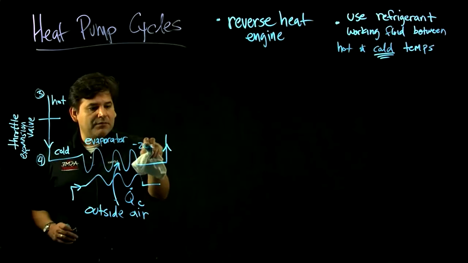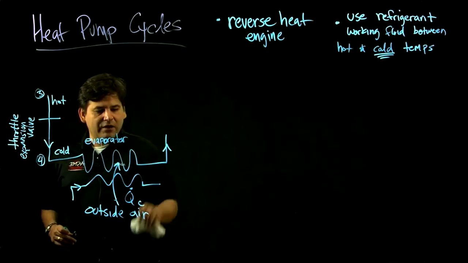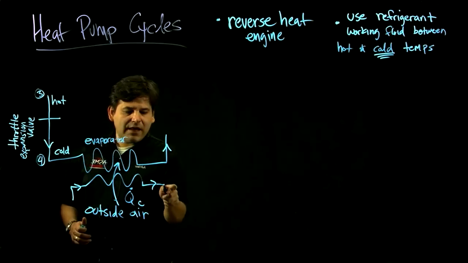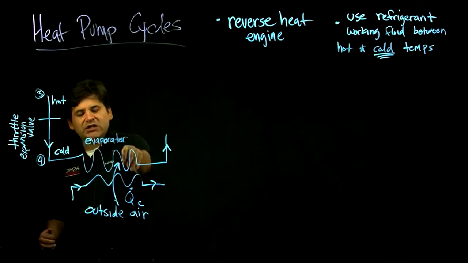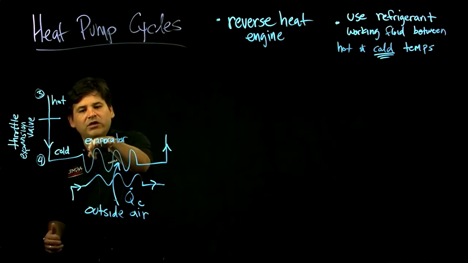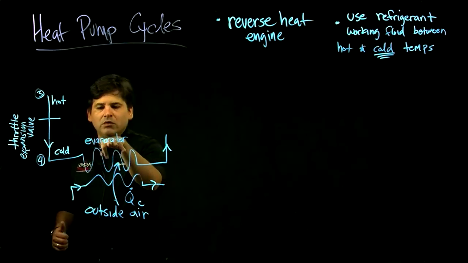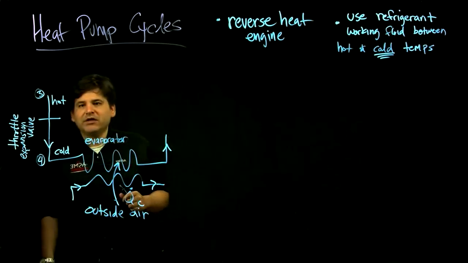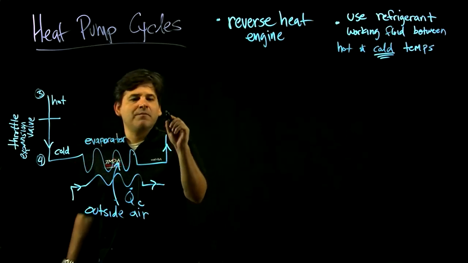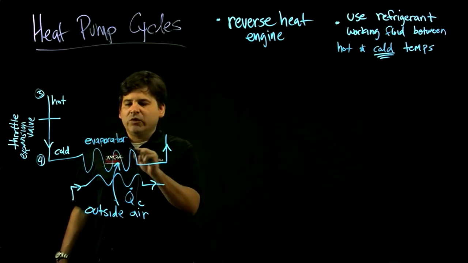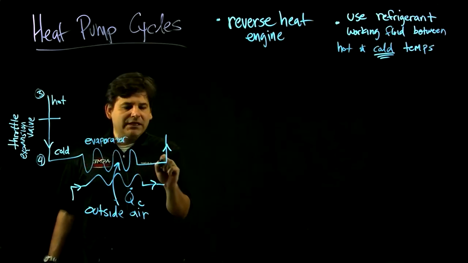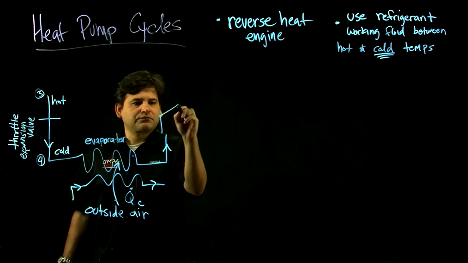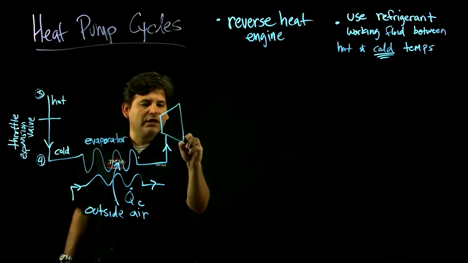So let's remove these specific temperatures for now, but you have cold outside air, and it's exchanging energy by heat transfer with the refrigerant to boil the refrigerant at cold temperatures still, but the objective is to get high temperatures. So what you do is when the refrigerant is boiled to the superheated vapor state, you put more mechanical work in.